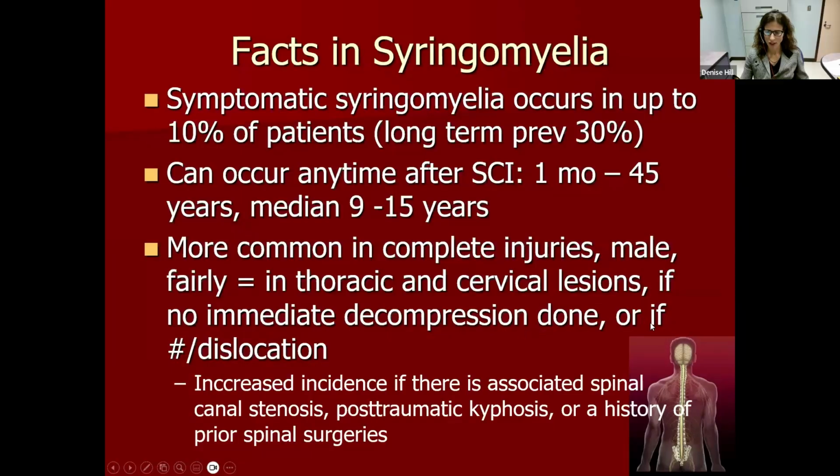And then again, if there's a higher speed or higher force injury, there will be a fracture and a dislocation and more disruption at the site of injury, and that would be a risk factor as well. If there's spinal canal stenosis, post-traumatic kyphosis, so a skeletal deformity, or a history of prior spinal surgeries, these are also believed to be risk factors.